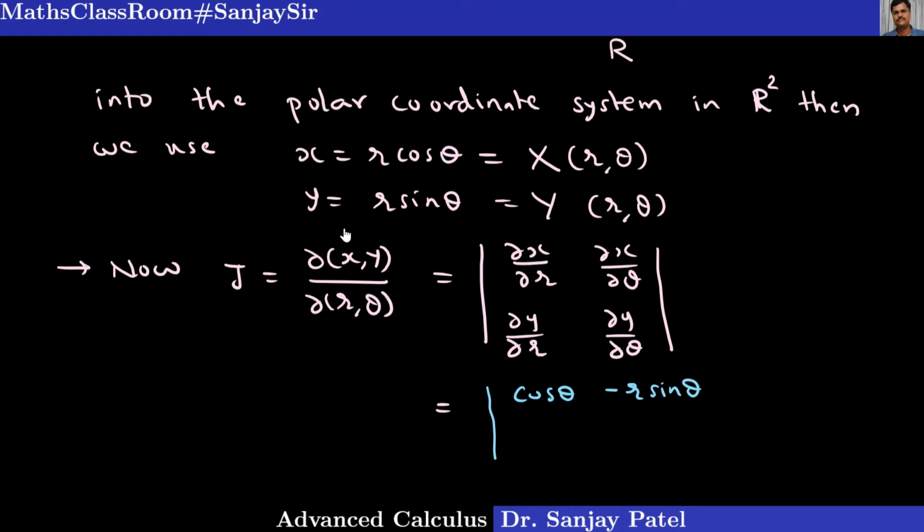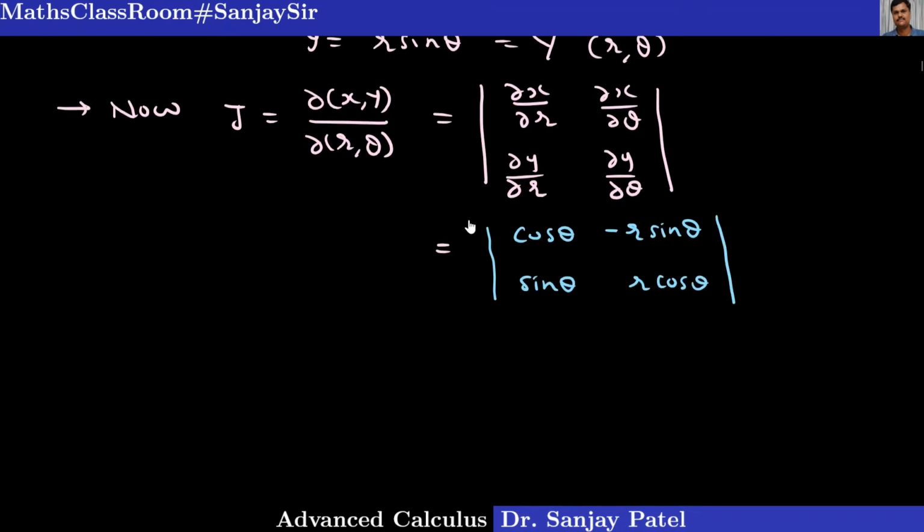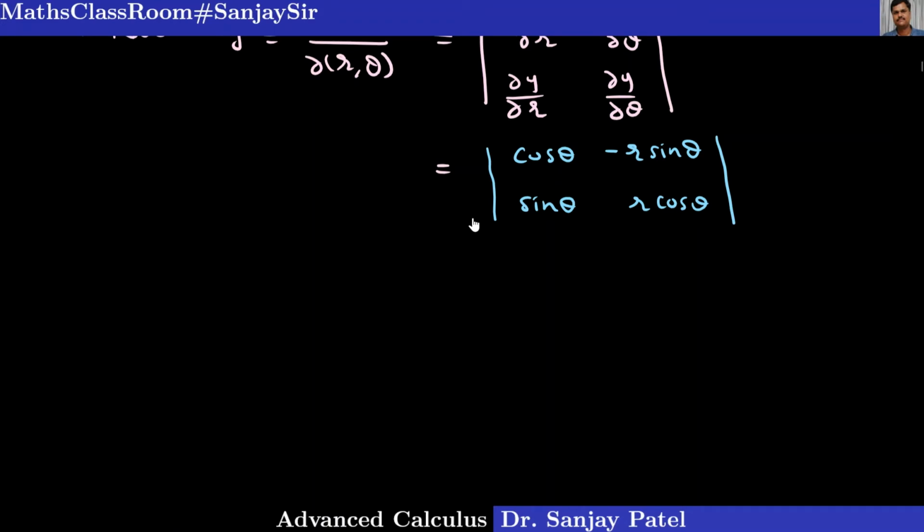Same way, derivatives of y with respect to r and theta give you sine theta and r cos theta. These are the partial derivatives of x and y with respect to r and theta. Simplifying this, we'll get r into cos square theta minus this into this, so plus r into sine square theta, and that is nothing but r.